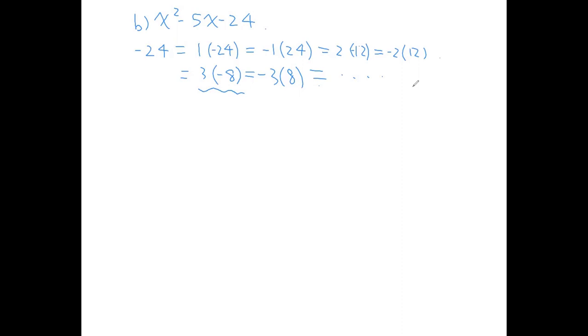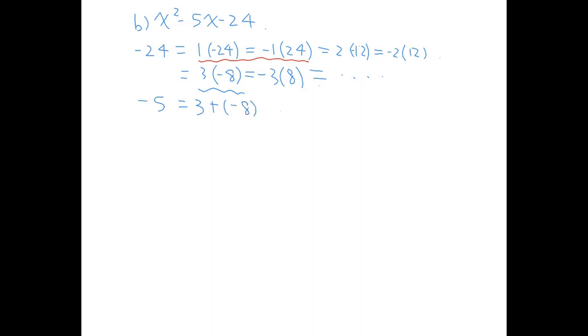And many times you skip the 1 and 24, since there's no way to get 5 or -5 from it. So you pick the most probable one, right? Okay. So here we have -5 is the sum of 3 plus -8.